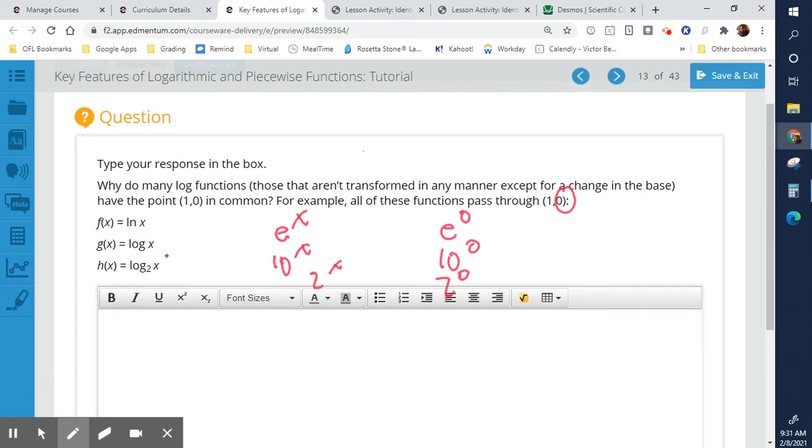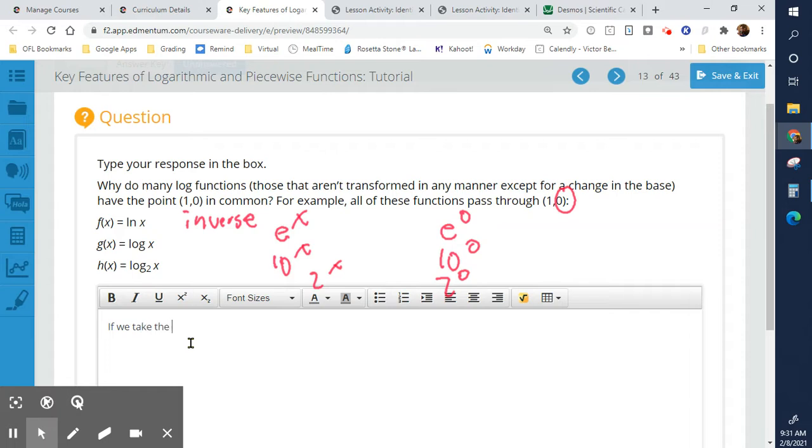So the inverse is this exponential. When we switch our x's and our y's, we can write them like this. So if we take the inverse of a log, it is an exponential.